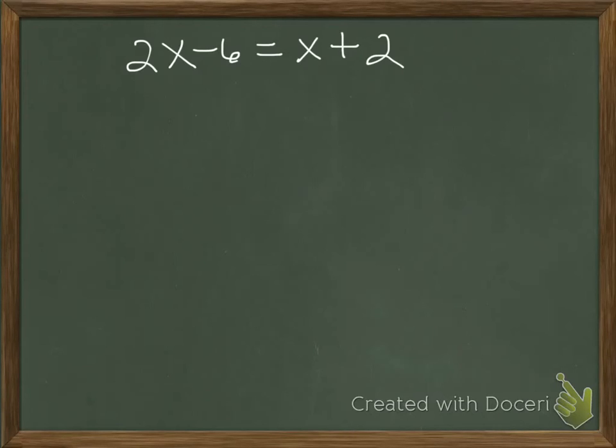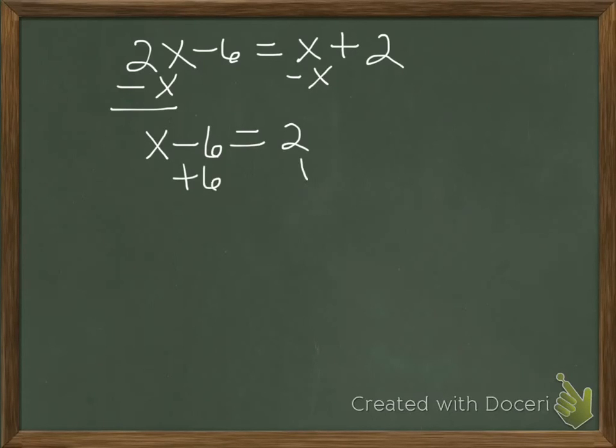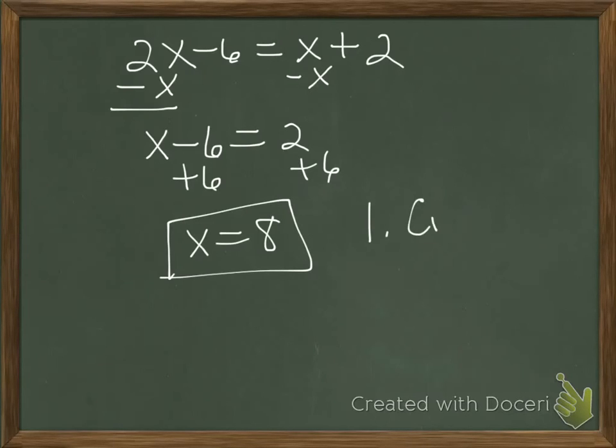From the right side I'm going to subtract x, and from the left side I'm going to subtract x. That leaves me with 1x minus 6 equals 2. Add 6 to both sides, and I get x equals 8, and x equals 8 is my solution. So the steps that I took were, number 1, cross multiply.